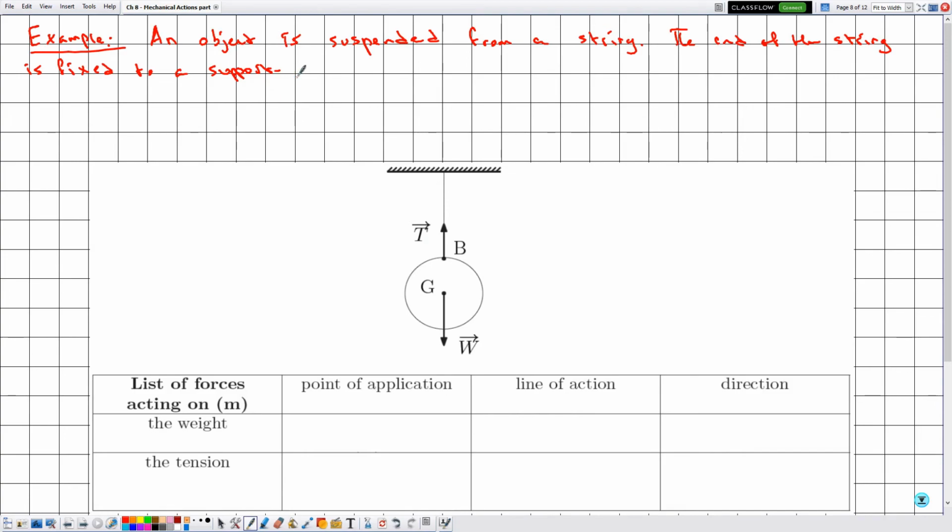Let me say here that G is the center of gravity of M, and B is the point of contact between the object and the string.